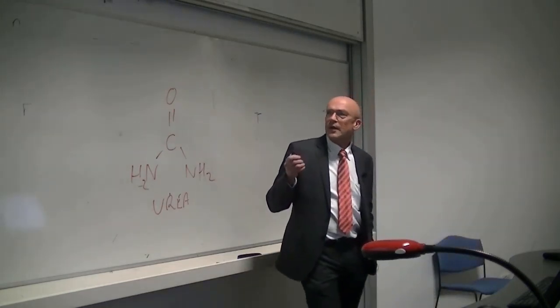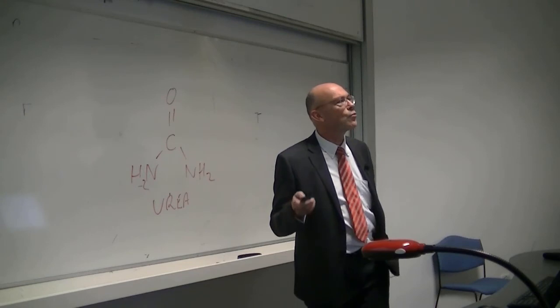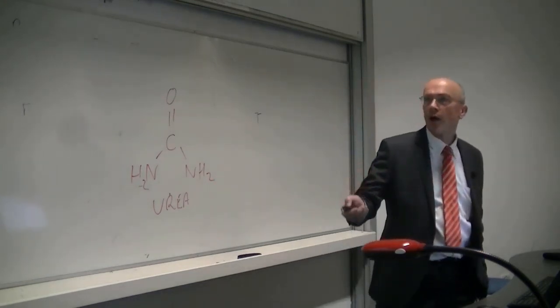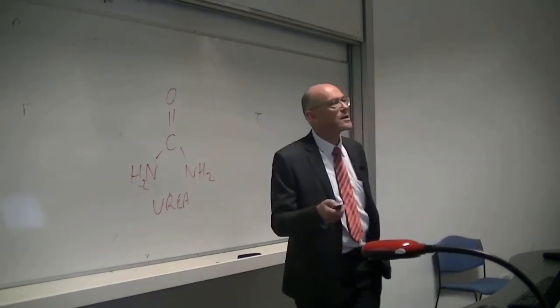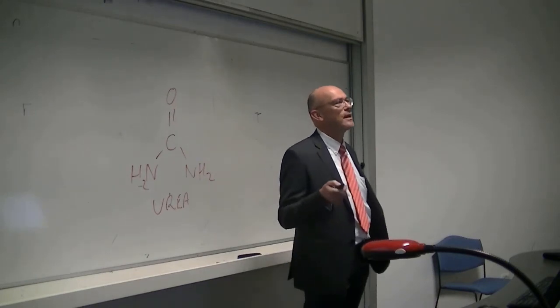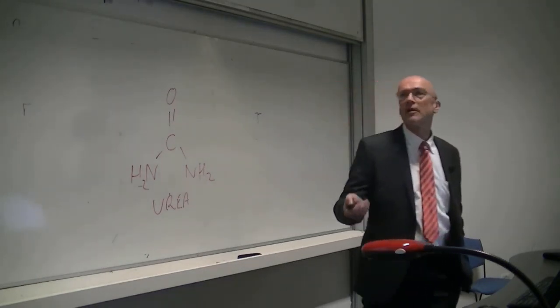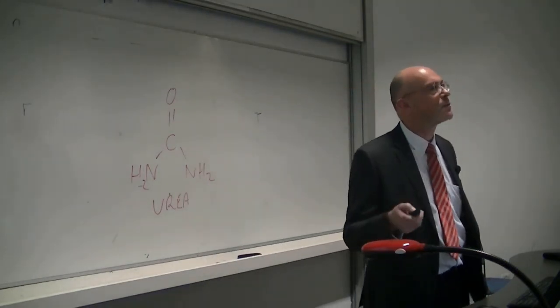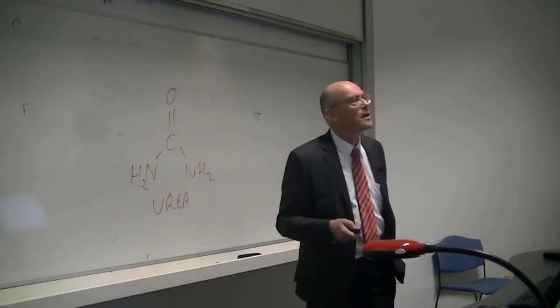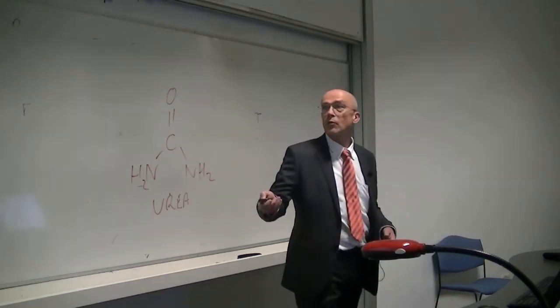Now, depending on which of these compounds the amino acid side chain breaks down into, and it's generally either one or the other, but some of the more complicated side chains have enough carbon in them to form one or more of these compounds.